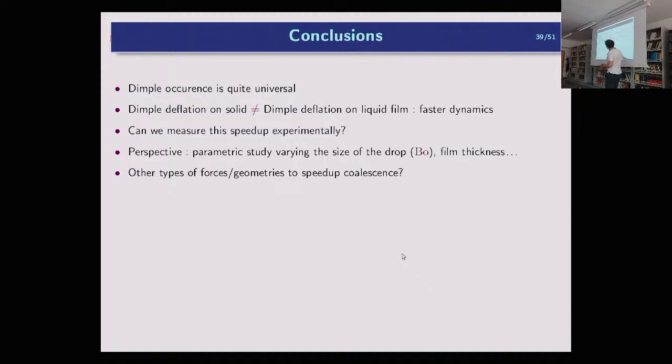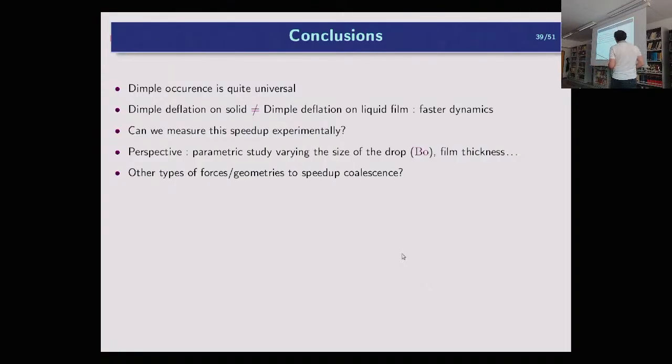The dimple deflection on a solid is much different from the dimple deflection on a liquid film. So there is a faster dynamics in this liquid case. The question for people who do experiments is whether we can measure this speed up. I think it's an interesting question.